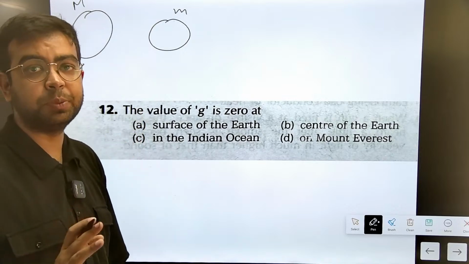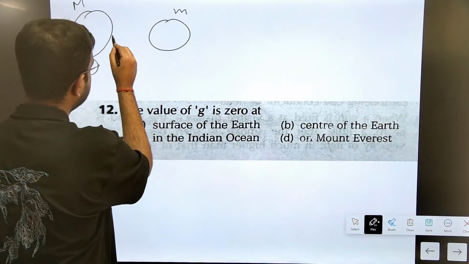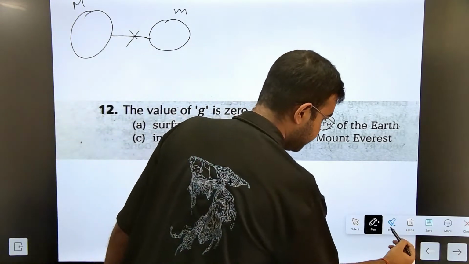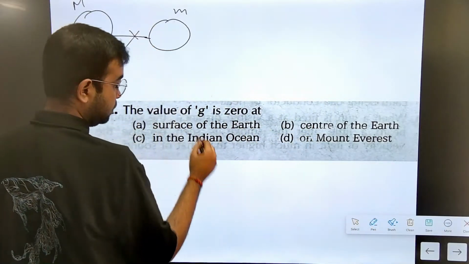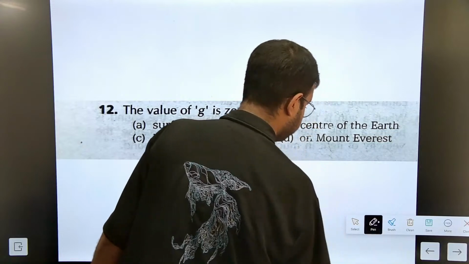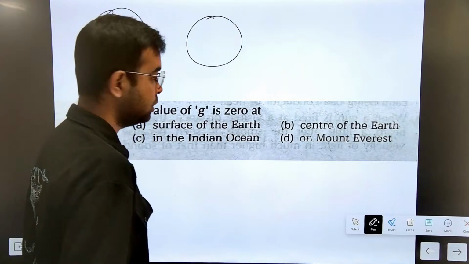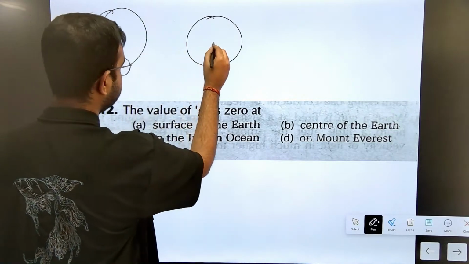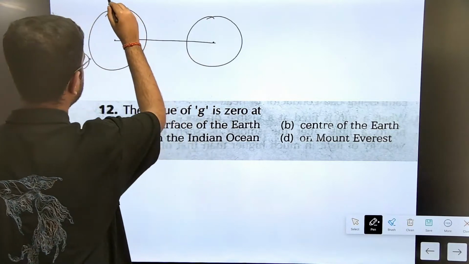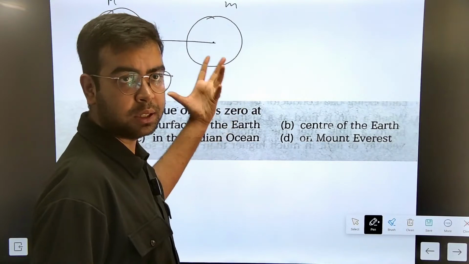Now listen, while calculating the force, the distance between two bodies is not taken like this. Not from surface to surface. The distance is taken from the center of both the bodies, and say the distance is r.